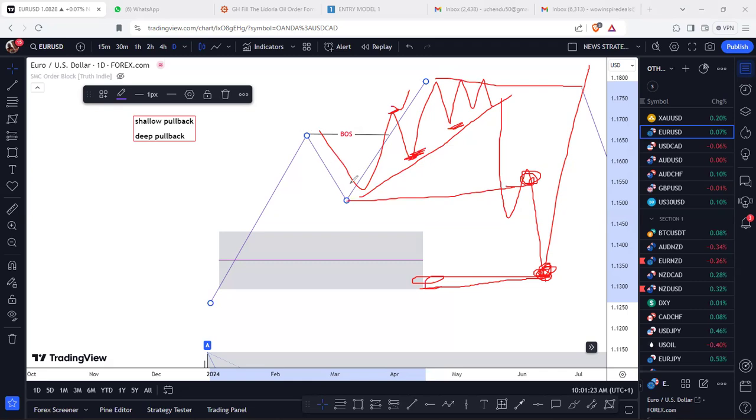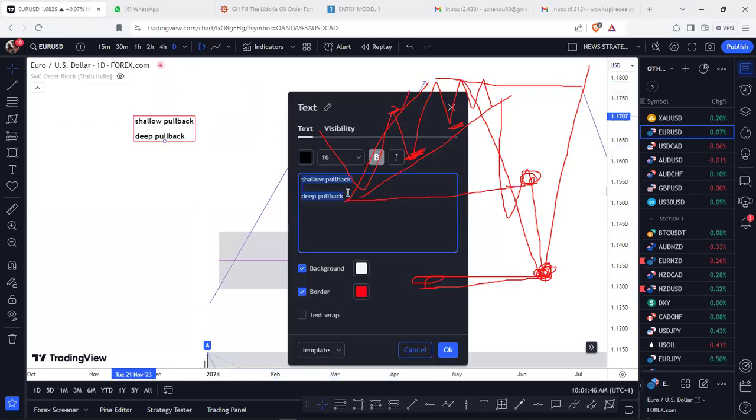So this is what we call a deep pullback, because price pulls back mitigating all the unmitigated area below it, we now have a complete pullback or a deep pullback, which leads us to a major structure break. While this one is a shallow pullback, which creates a range structure break.